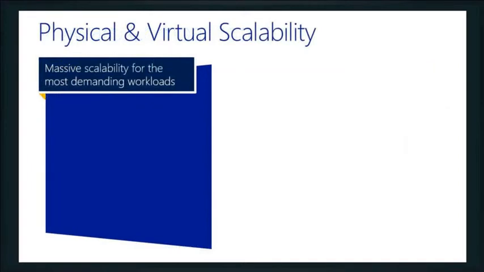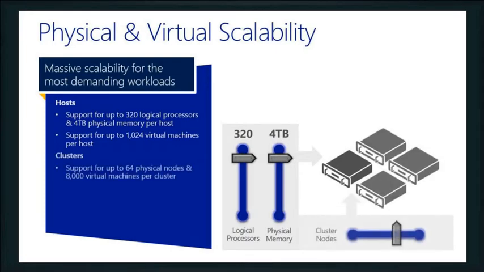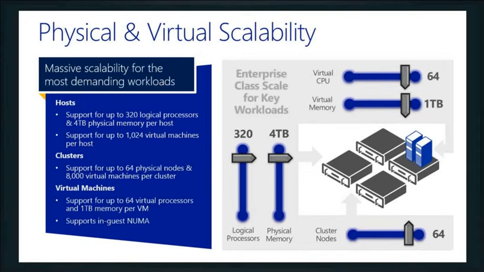Now, physical and virtual scalability. In Server 2012 R2, we're doing 320 logical processors, 4 terabytes of physical memory, up to 1,024 virtual machines per host. Clusters can support up to 64 nodes and 8,000 virtual machines per cluster. Virtual machine sizes: you can do 64 virtual processors and 1 terabyte of memory per VM, and NUMA is supported in guest.